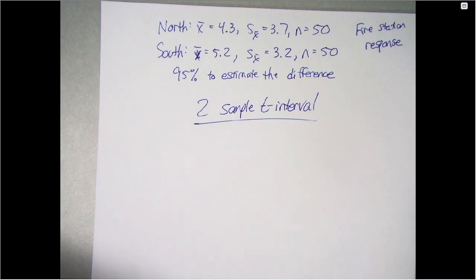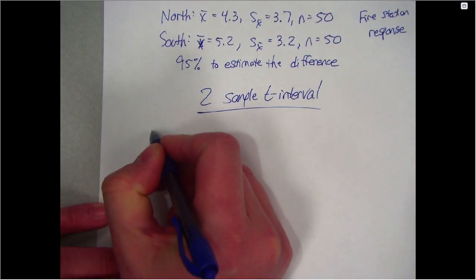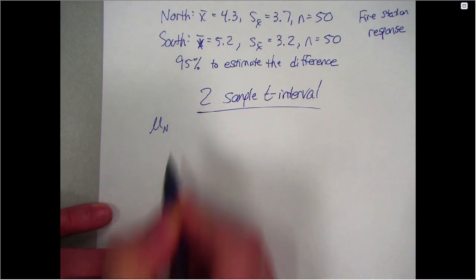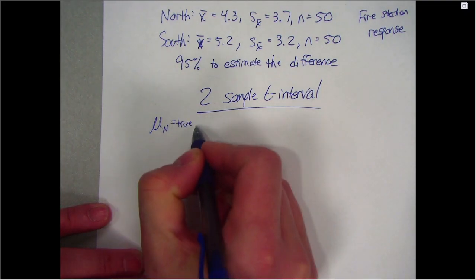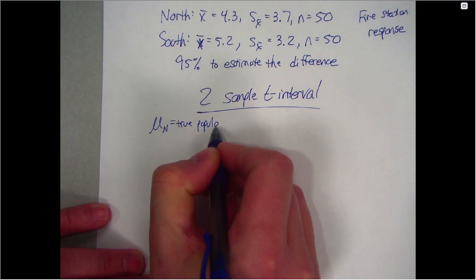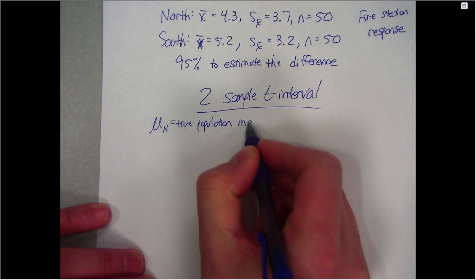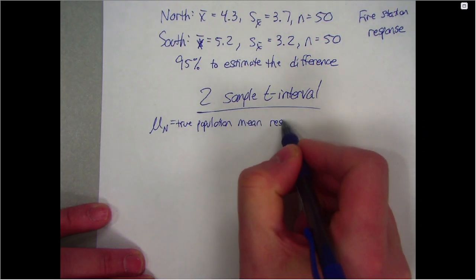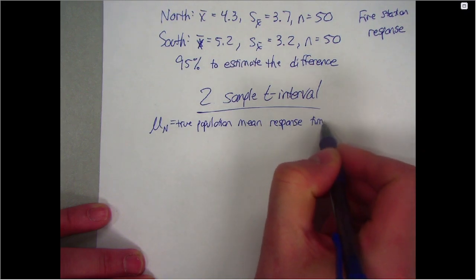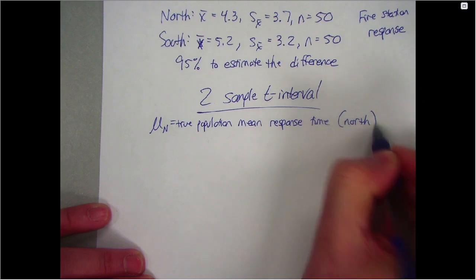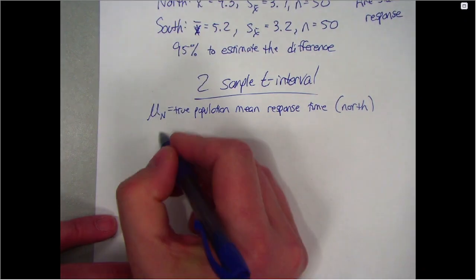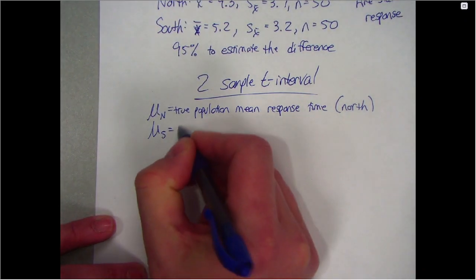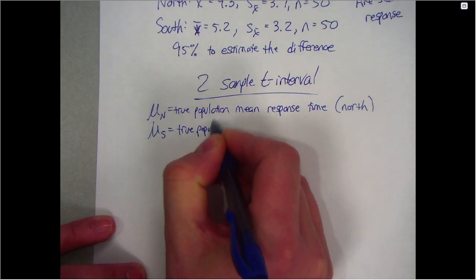So you start off by defining what we're after. I'm gonna do mu n for the north. You can do mu one, mu n, whatever you want. I'm just saying mu sub n is the true population mean response time for north, and mu sub s for south.